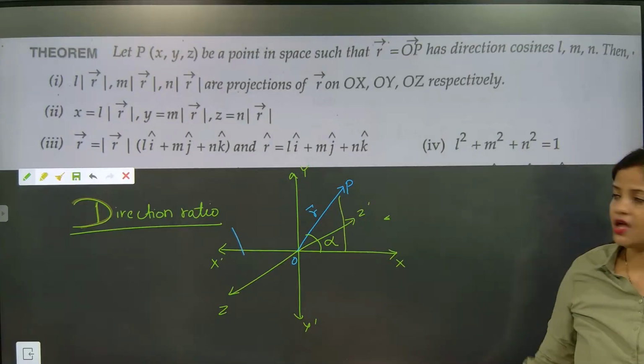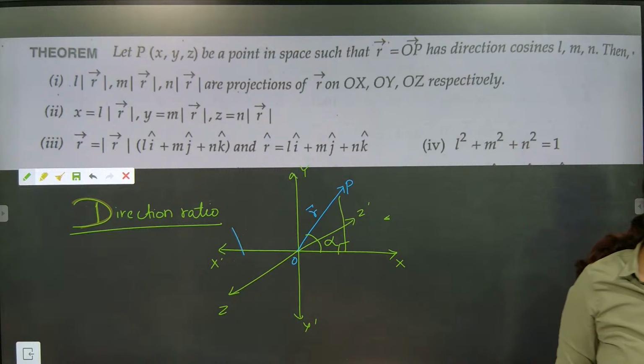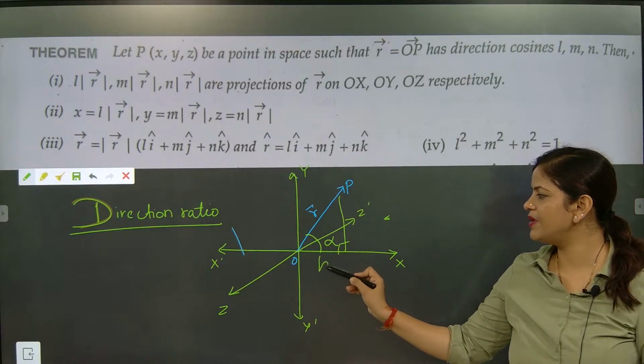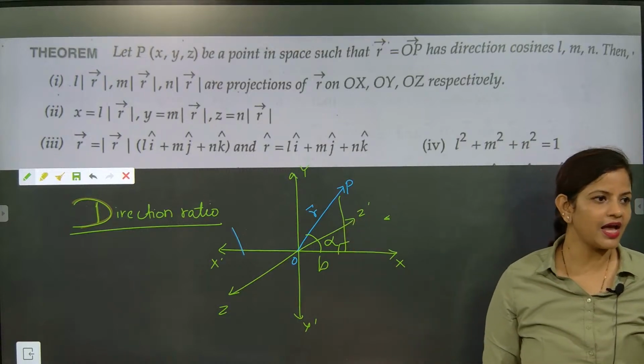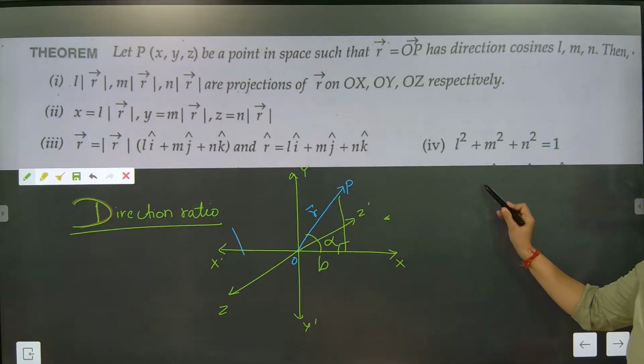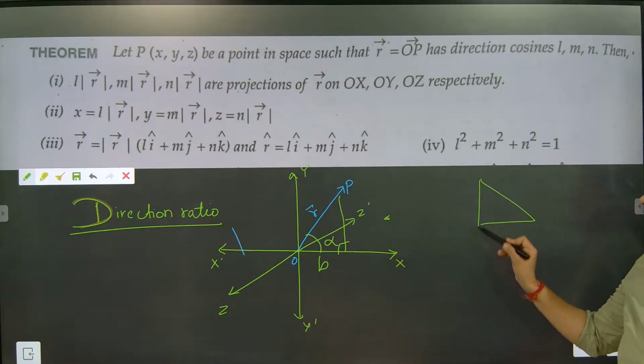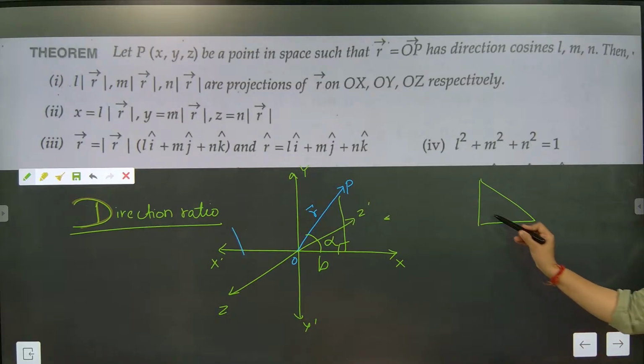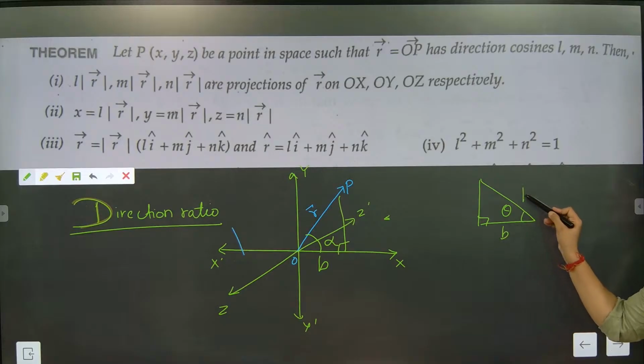When we draw this, this will become 90 degrees. This one is the base and this one is the hypotenuse. Usually, when we studied the triangle, your teacher taught you that this is theta, this is the base and this is the hypotenuse.